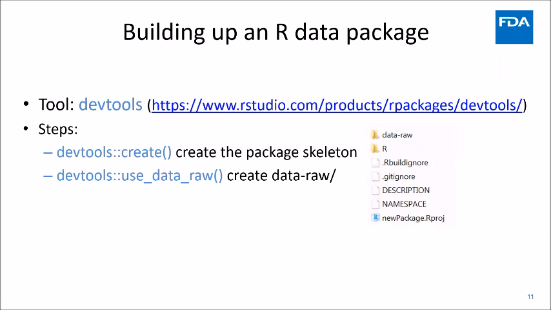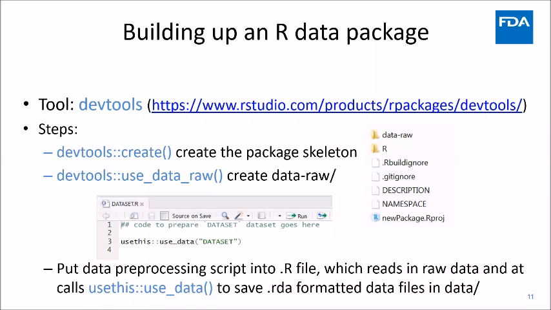So we can have this data-raw directory to put our raw data in. In this folder, there's another R file where we can put the data preprocessing script. By calling the use_data function in this file, we can save the R formatted data into the data directory.